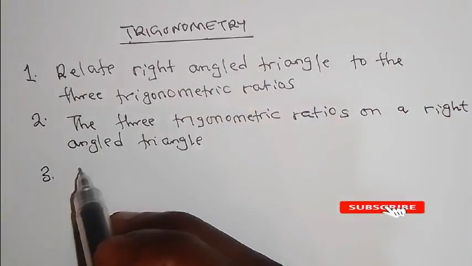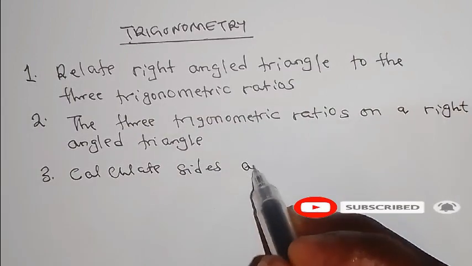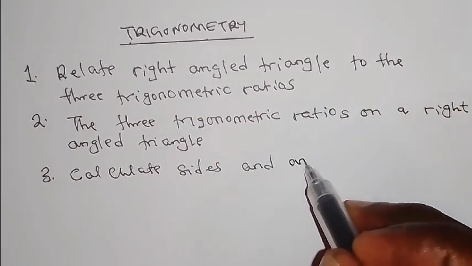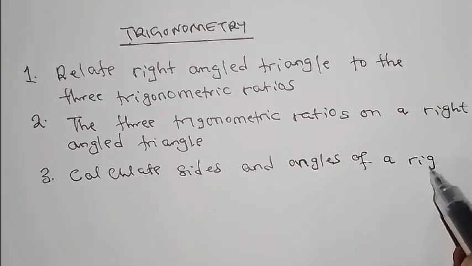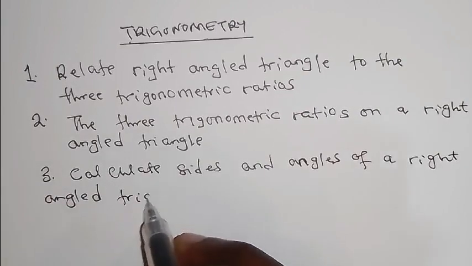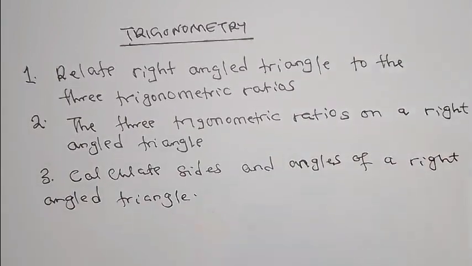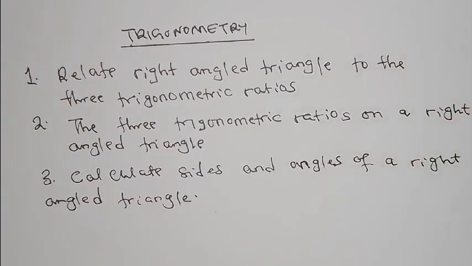And then also calculate sides and angles of a right angled triangle. So these are some of the things we're going to look at: the relationship between the right angle triangle and the three trigonometric ratios, the description of the three trigonometric ratios on the right angle triangle, and then calculating the sides and angles of the right angle triangle.